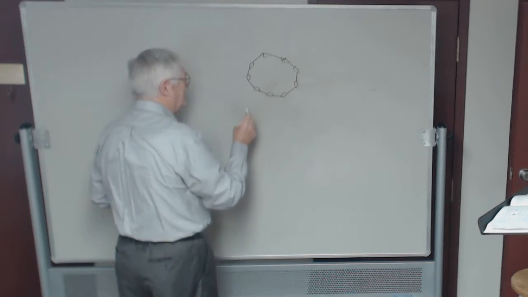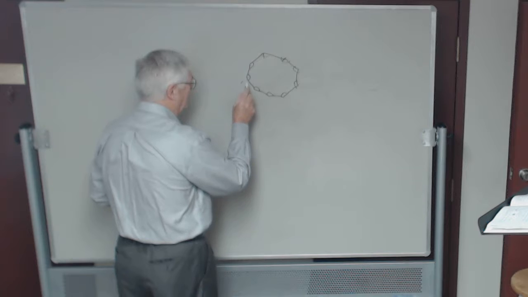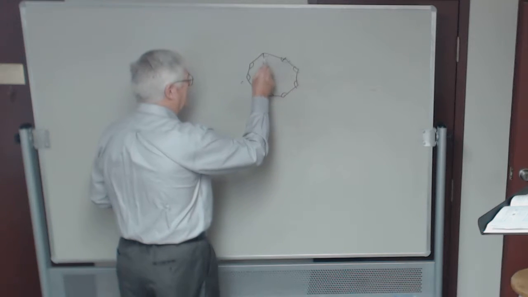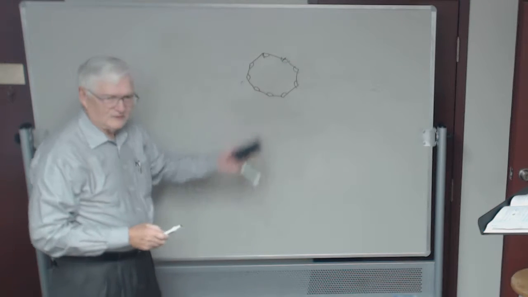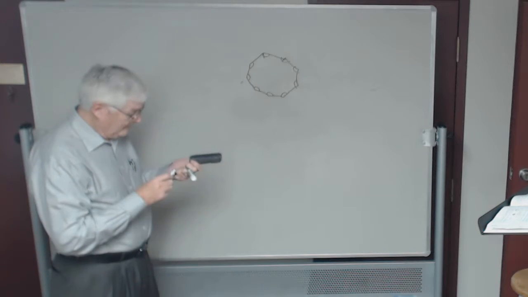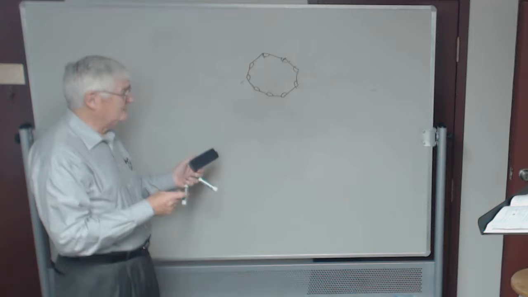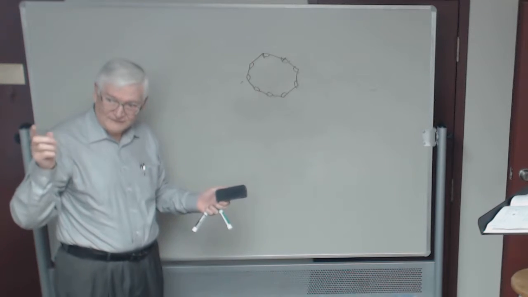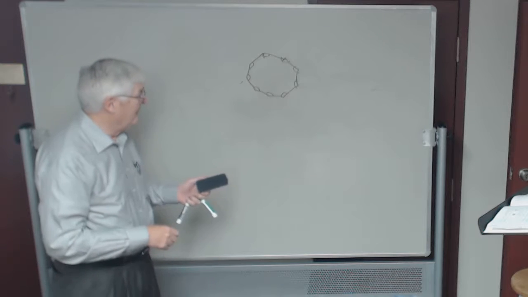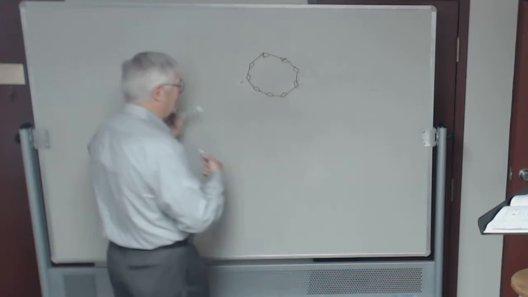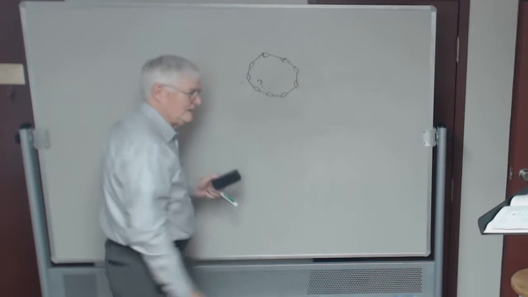Maybe when teaching little kids, you ought to have some cutouts to hold up and show them. But how in the world am I going to find the measure of one of these angles?